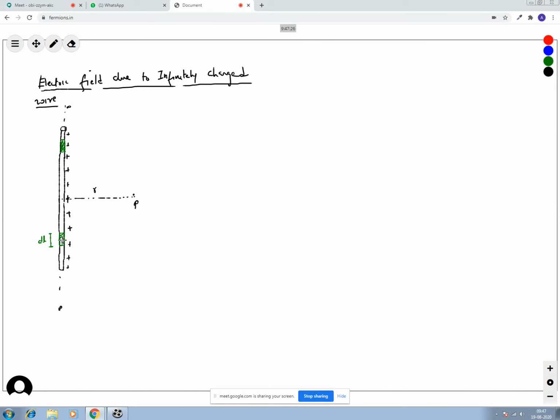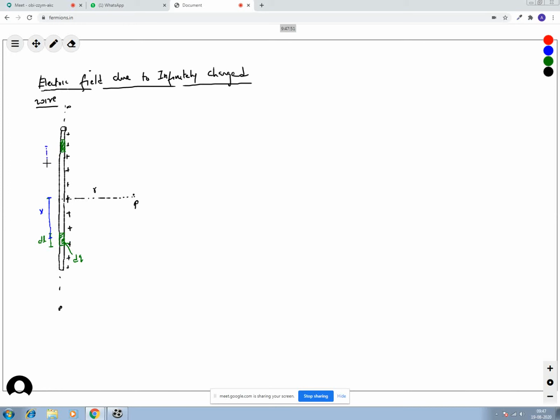So small area, charge is dq. Got it? How far is it? Let's say it is at a distance of x from this center.